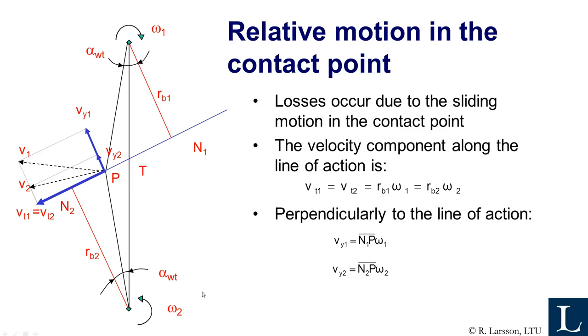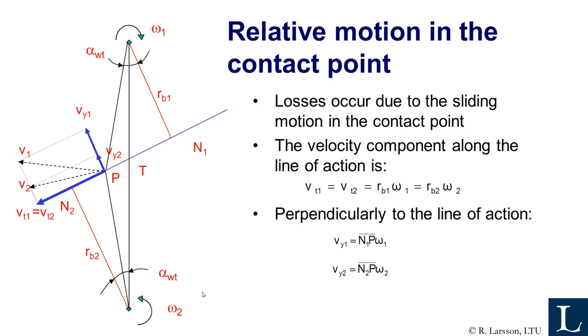Okay, now what we want to know is how much the contact point is sliding. I mean, how much sliding motion is there in the contact point? Because the sliding will also cause losses.